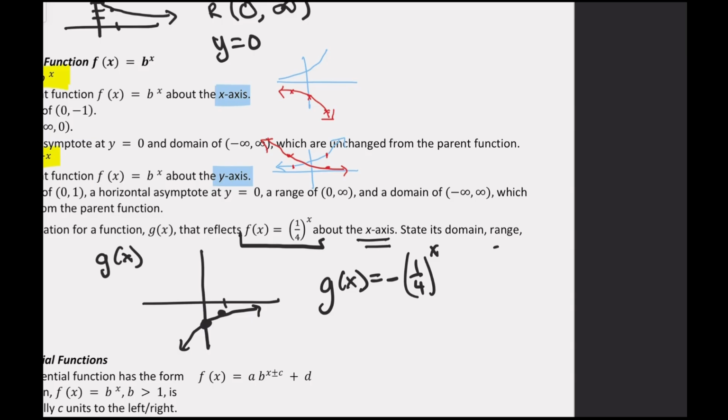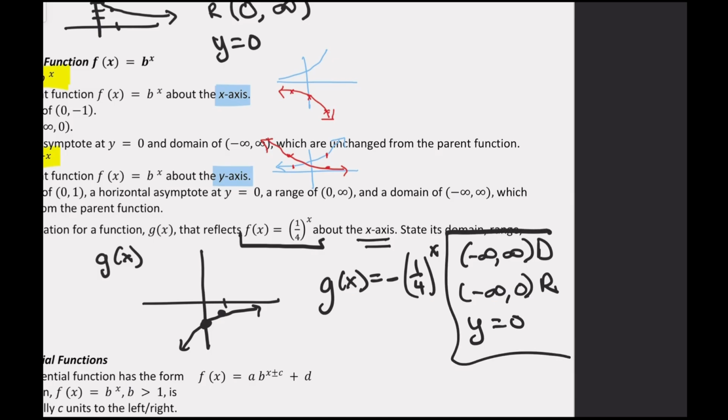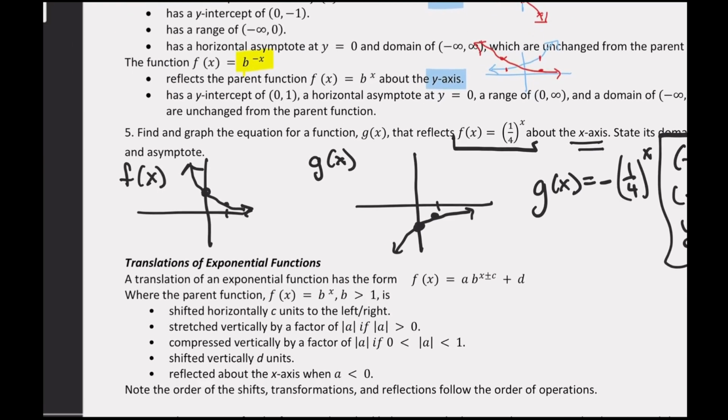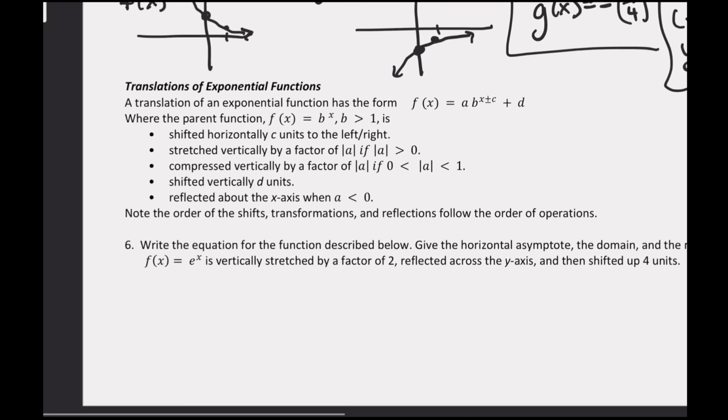Let's make that a little clearer. Range, well, if you look now at our graph of g, it looks like -infinity up to 0. And then the asymptote, y equals 0, like so. All right, so there's your equation, sketching of it, and domain, range, and asymptote.